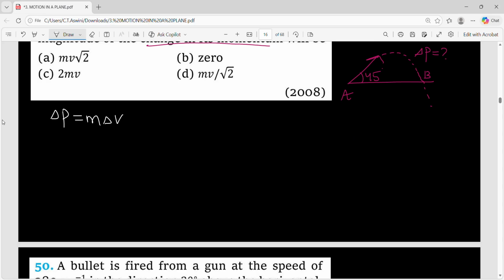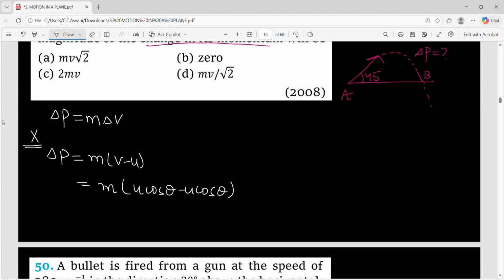In x direction, change in momentum is m into final velocity minus initial velocity. In x-axis, at any point, velocity is the same. So it is u cos theta minus u cos theta. So what will you get? m into 0, it is 0. Now similarly do it in y direction.